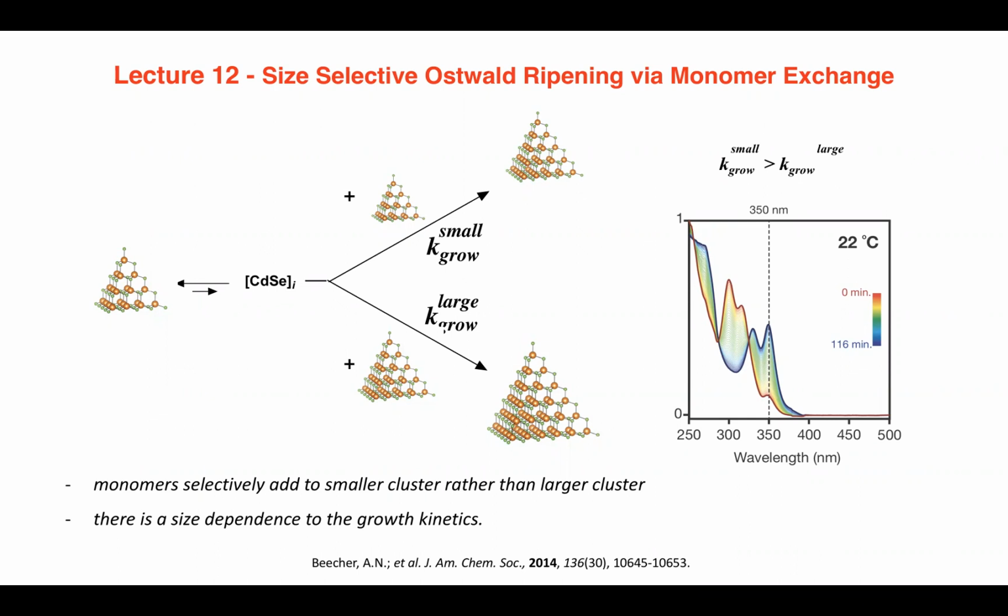They preferentially stick to the smaller one. If they also stuck to the larger one, that larger one would continue to grow. But it doesn't. It only sticks to the smaller one, growing into the next size without sticking to that next size to make an even larger size.